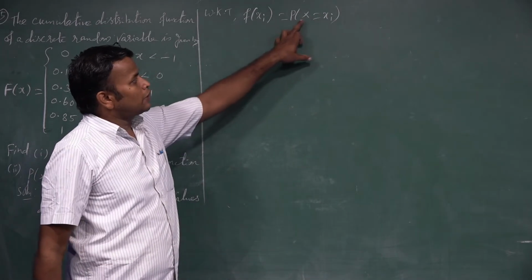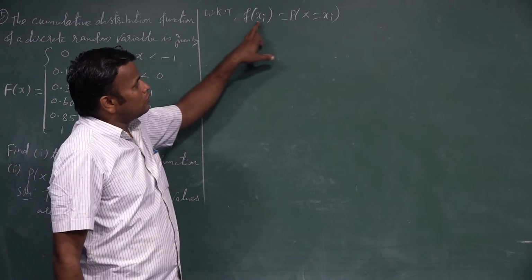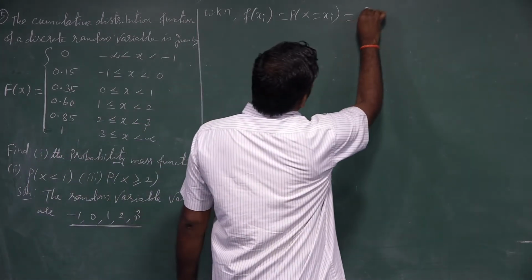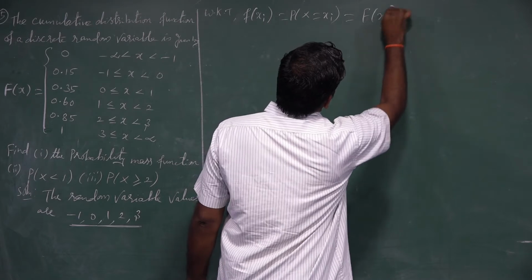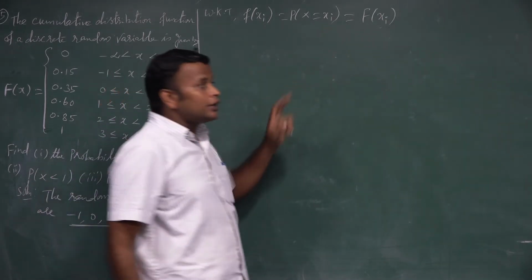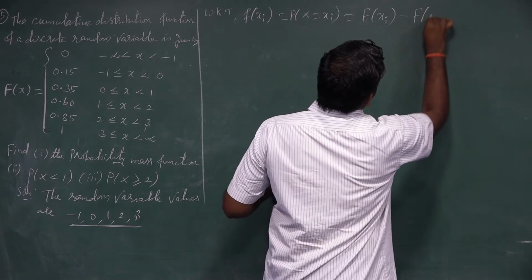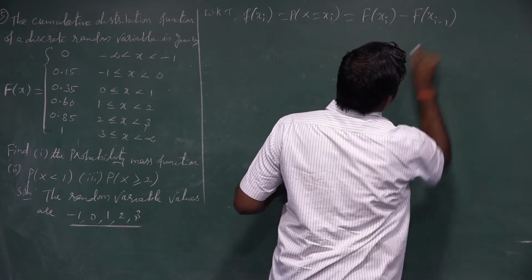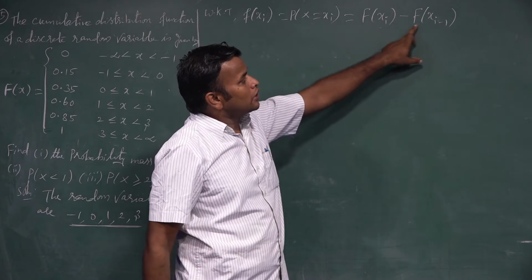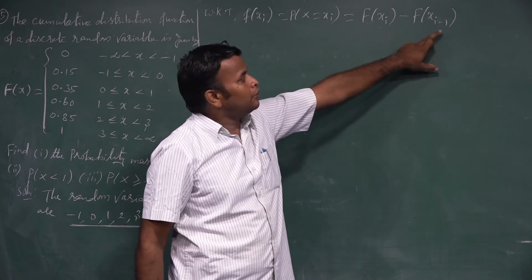If we put xi here, here also we put xi. Capital letter F of xi. So first I write the formula: capital F of xi minus capital F of x suffix i minus 1, that is the previous value.